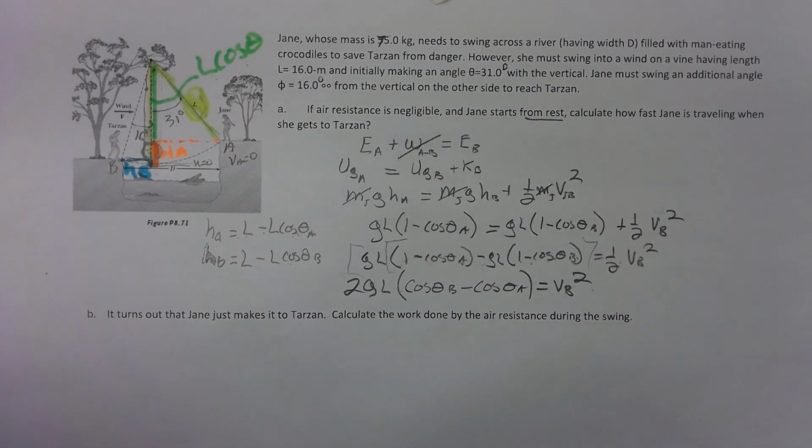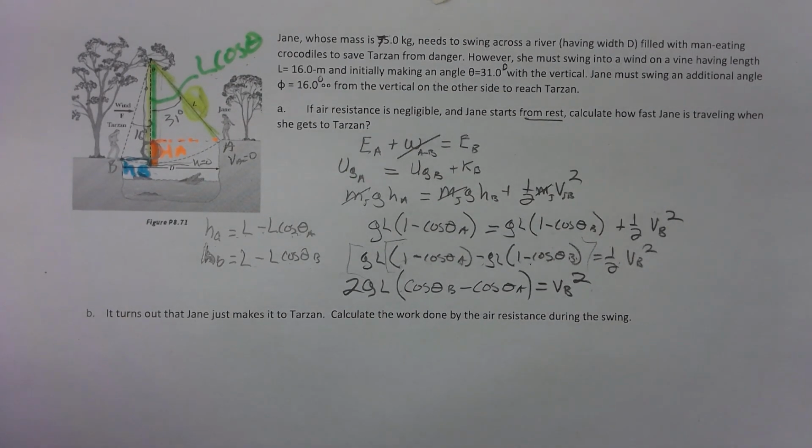And now you just plug in your numbers, and you get the answer for that. But knowing how to show that process and work that out, find that height, that can be a little tricky geometric thing. So for mine, 2 times 9.8 times 16 times the quantity cosine 16 minus cosine 31.